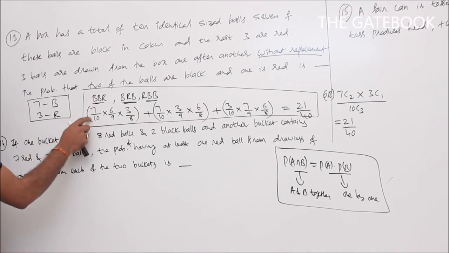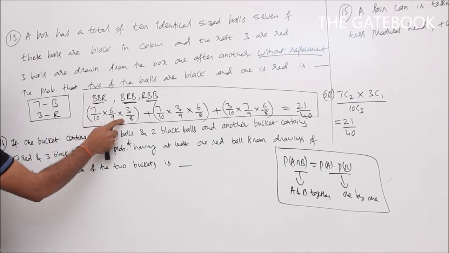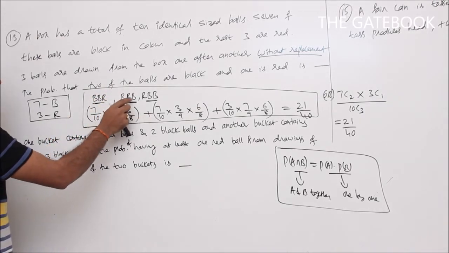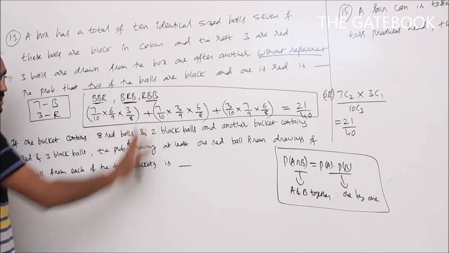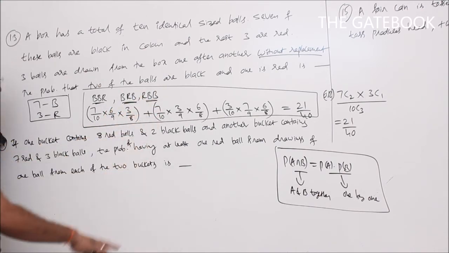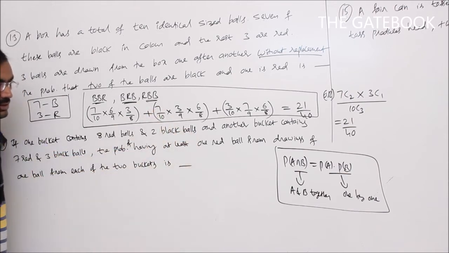So drawing first black ball, next black, and next red, or black, red, black, or red, black, black. Whatever may be the method, both the methods are correct. Both the methods will give the same answer, 21 by 40. So this is the answer for the 13th question.